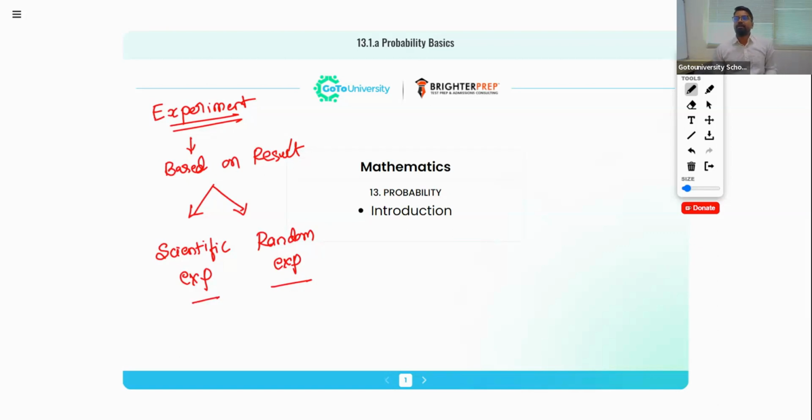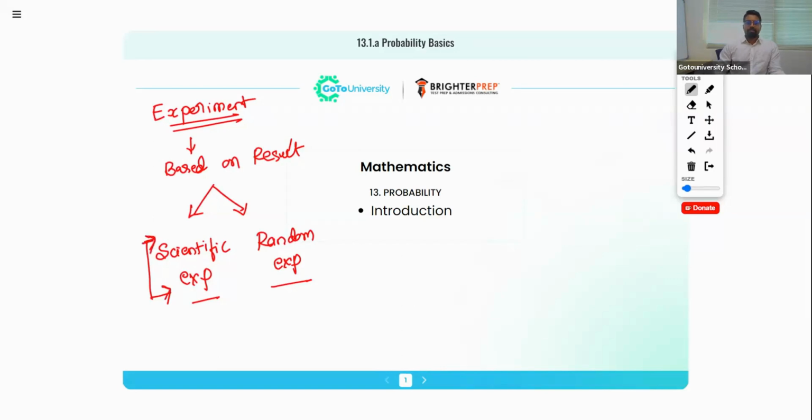Can you now tell me what is the main difference between a random experiment and a scientific experiment? A scientific experiment will give you the same result if the particular conditions are maintained. For example, if you're conducting a chemistry experiment, if the temperature, pressure, everything is maintained, you will know surely what the result is, because they follow the rules like that.